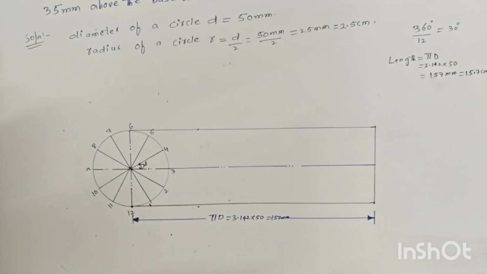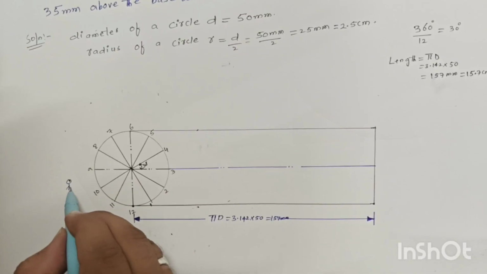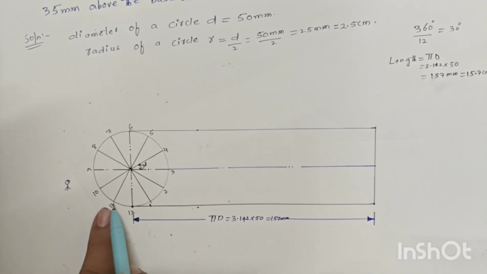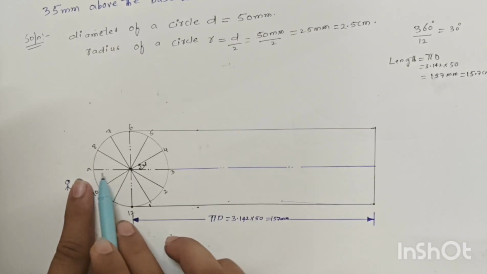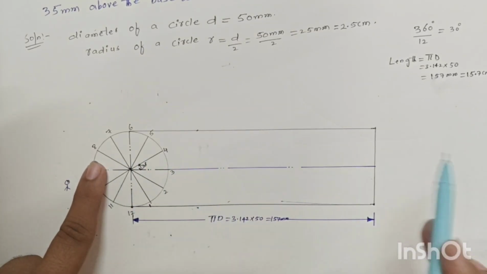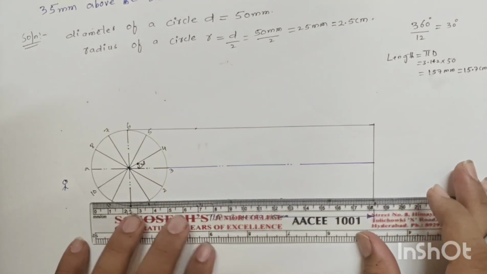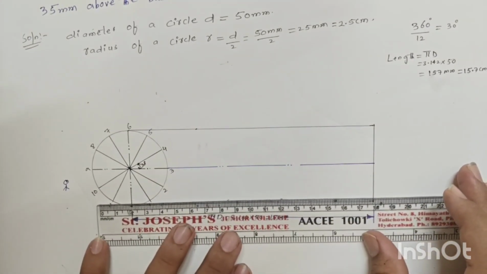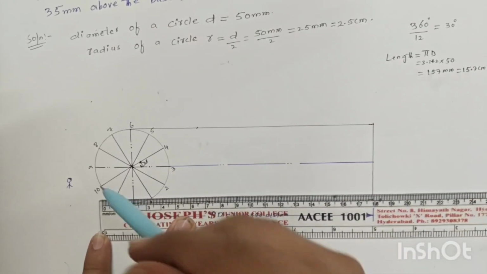Clear? Then let us see, if the observer is observing from this point, the projection should be passed from 11 to 1, from 10 to 2, 9 to 3, 8 to 4, 7 to 5 and 6. Clear? You need to pass a projection line. It should pass from 11 to 1.